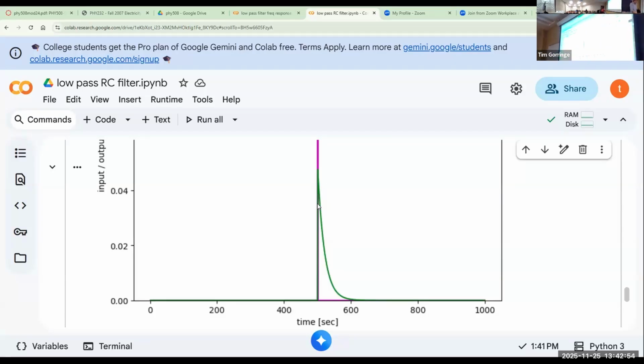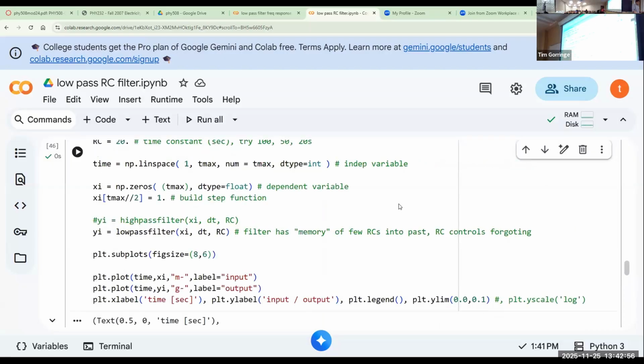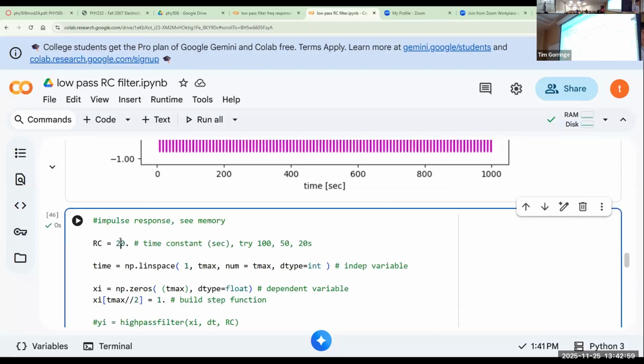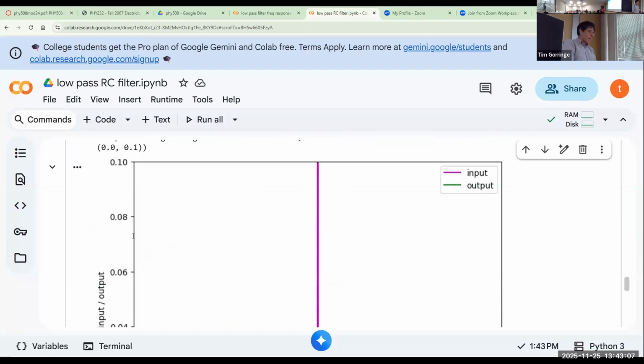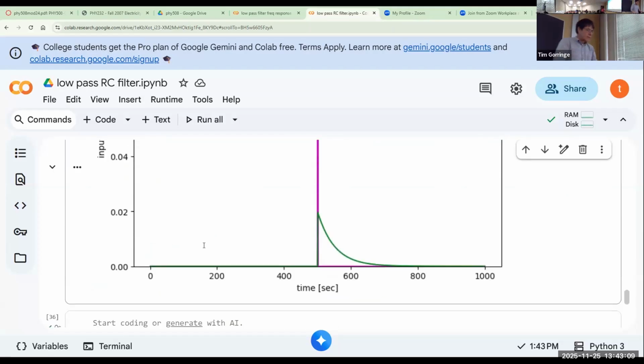If I was to increase this to 50, then here's the 50-second time constant.